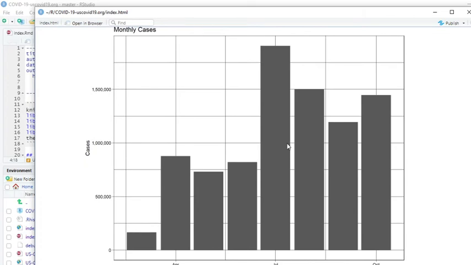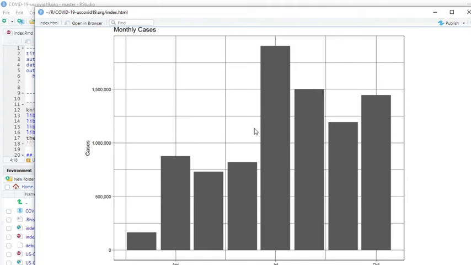Let's see. Now cases by month, you can see that October has already passed September's, and there's a chance it may catch September or August deaths also at about 1.5 million.